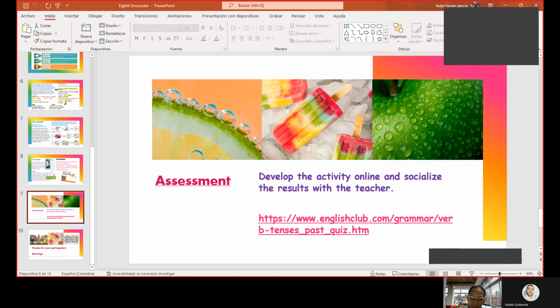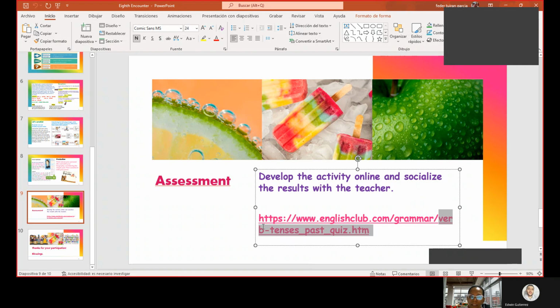Well, now we are going to make our assessment, to develop the online activity, applying this knowledge about the present tense, the rules, the structure, the grammar. This is the link I sent you on chat. It's an easy exercise. I'm going to share my screen.